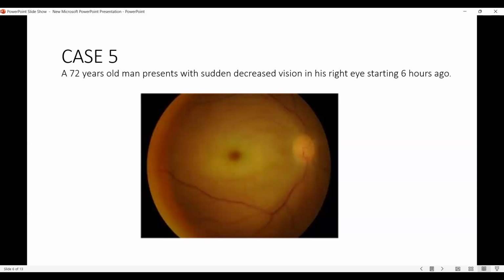Actually, this is an ocular emergency. So what we need to do is just a quick history and quick ocular examination. And these all measures are not proven, unfortunately.